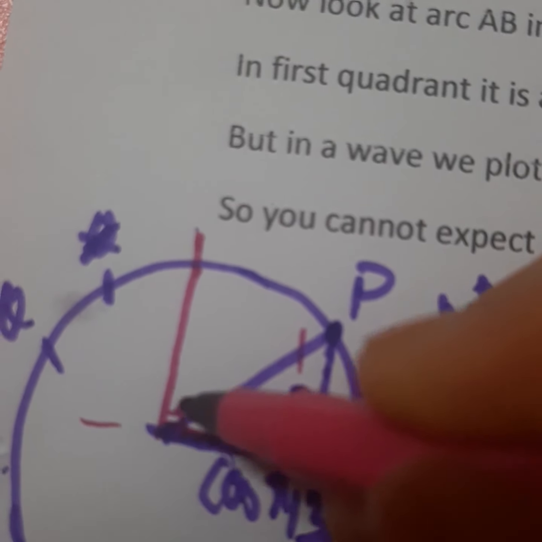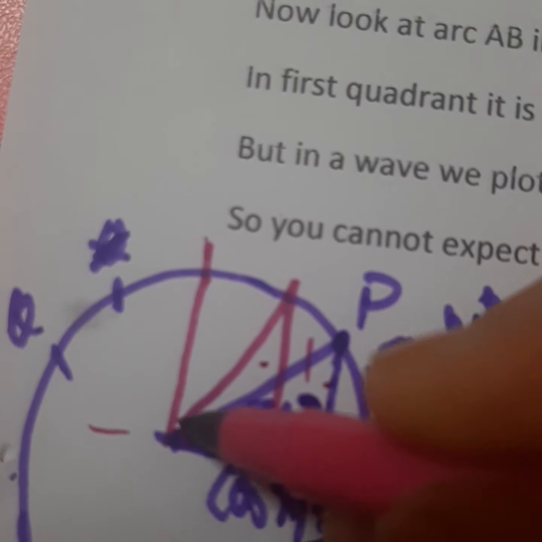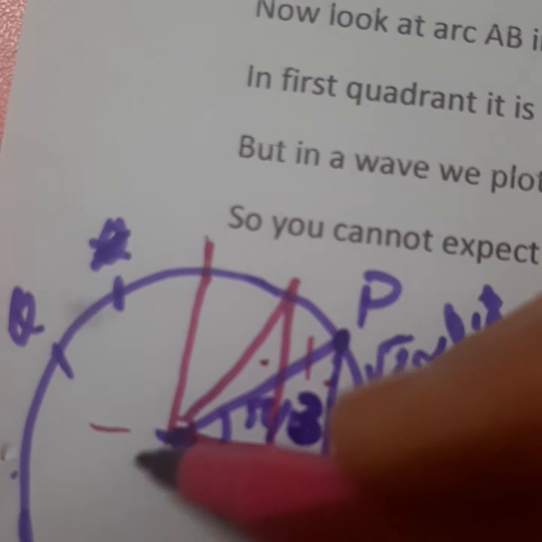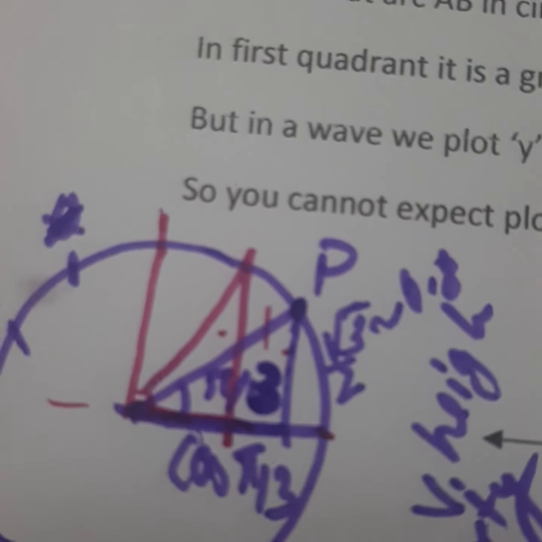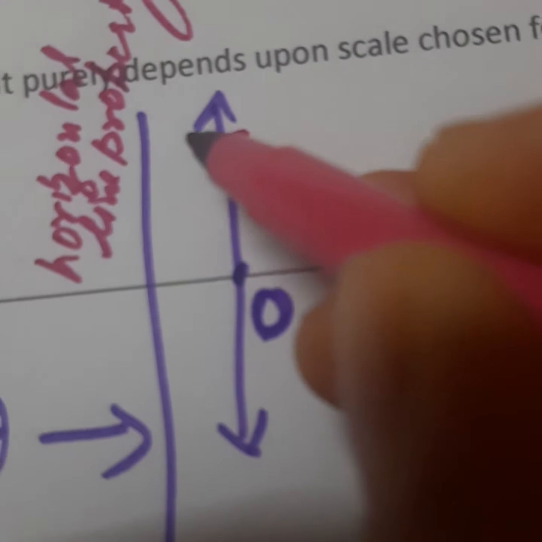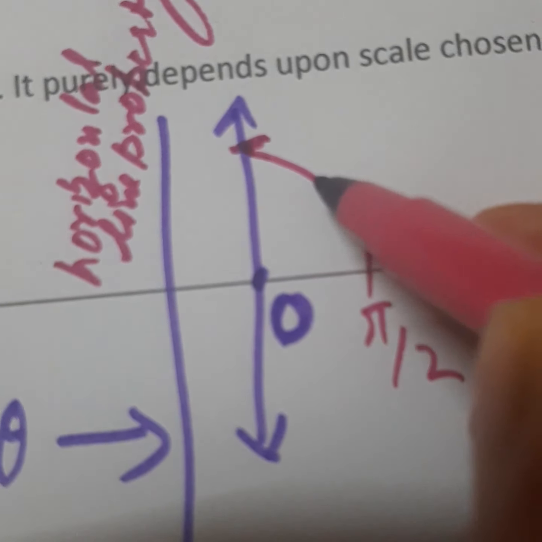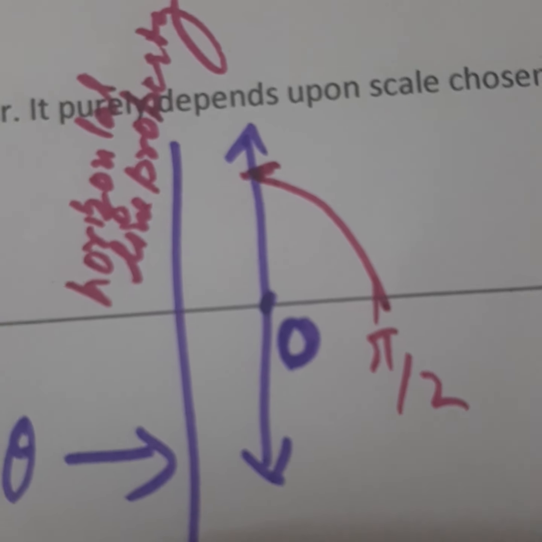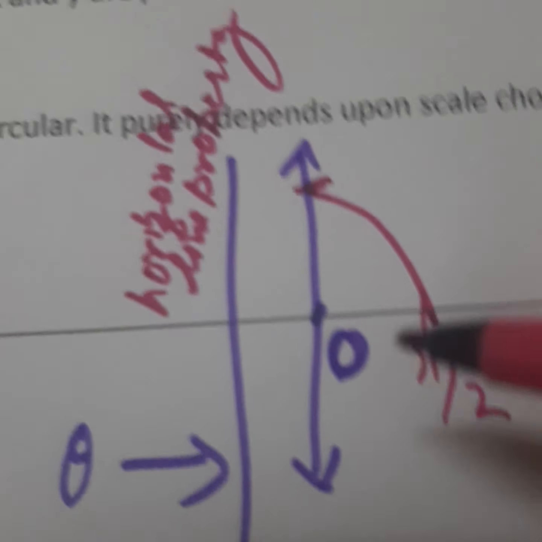This is the vertical line and the horizontal line. If we have this as the right angle triangle, compared to this triangle, in this the horizontal distance is decreasing. So by reaching pi by 2, it becomes 0.